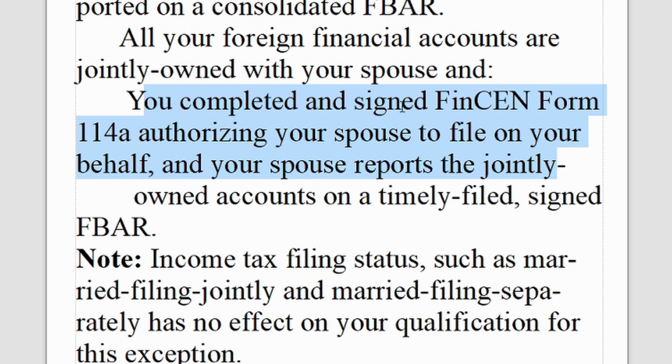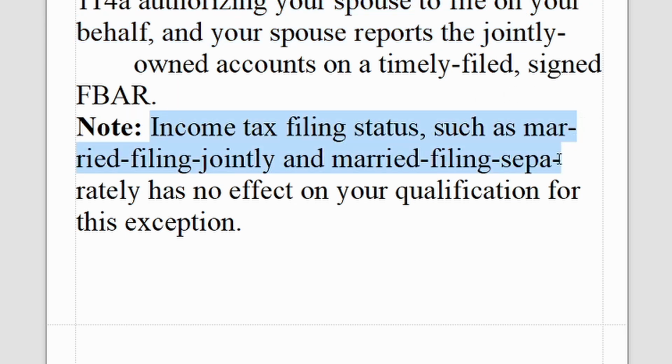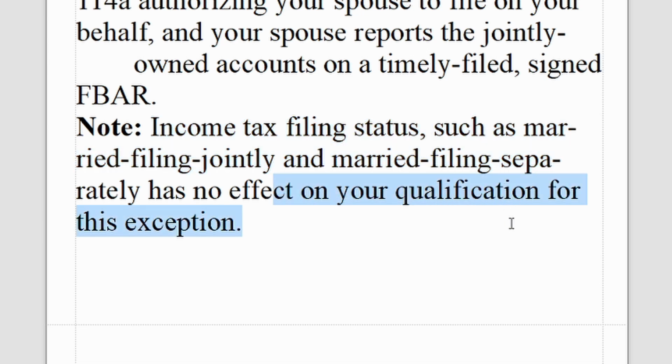What that means is if you're married, you can have just one person fill out the FBAR for both of you if you fill out this authorization form authorizing your spouse to do it on your behalf. And it has nothing to do with tax filing status, such as married filing jointly or married filing separately. It has no effect on your qualification for this exception. So again, it has nothing to do with the IRS.